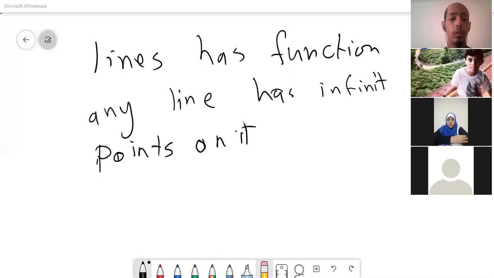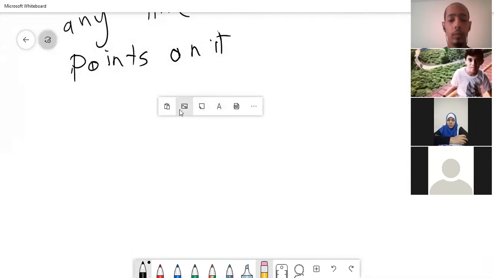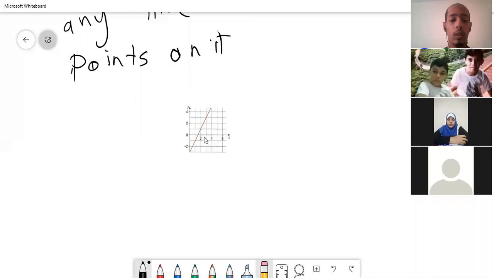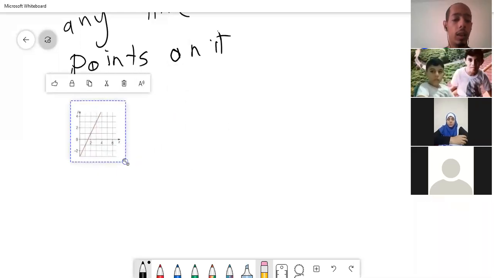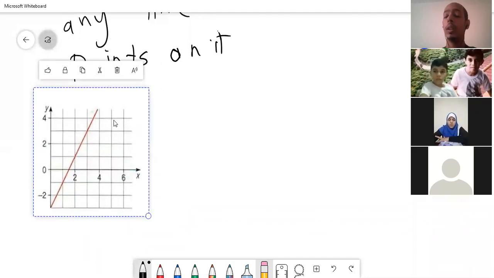So, for example, this line has its own function, and we can derive this function with respect to the points taken from this line.